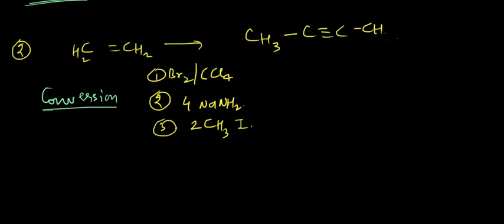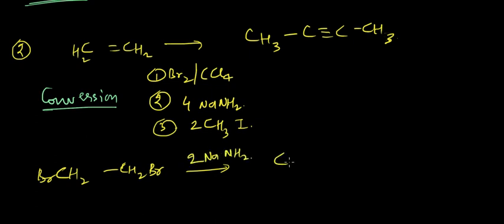Okay, so let us see how this actually takes place. The mechanism would be something like this: when we reacted this with Br2, we will get something like Br here and CH2Br here. When we reacted with NaNH2, with 2 moles of NaNH2, we would get something like this.